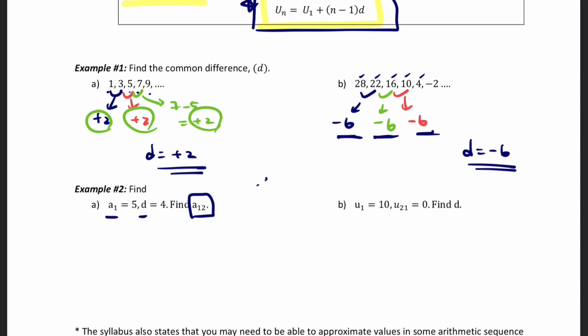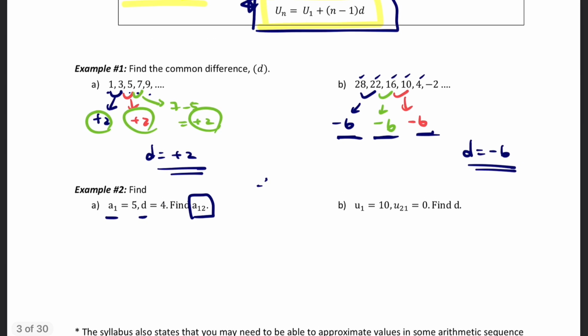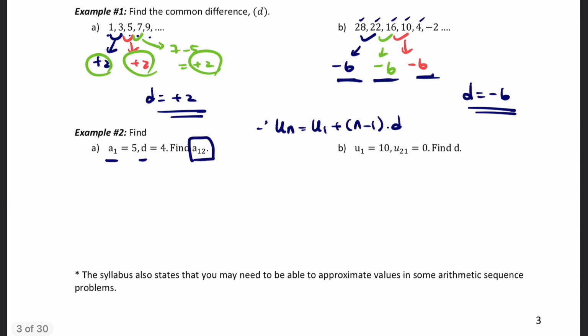Okay, so let's rewrite this formula down here: Un equals U1 plus n minus 1 times d. For question A, we'd like to find A12, so A12 equals A1 plus n minus 1 times d.